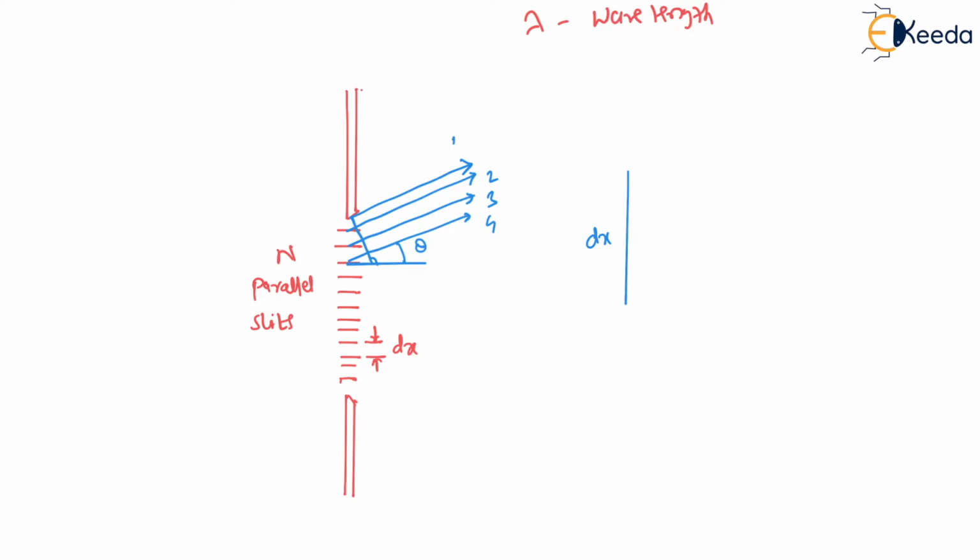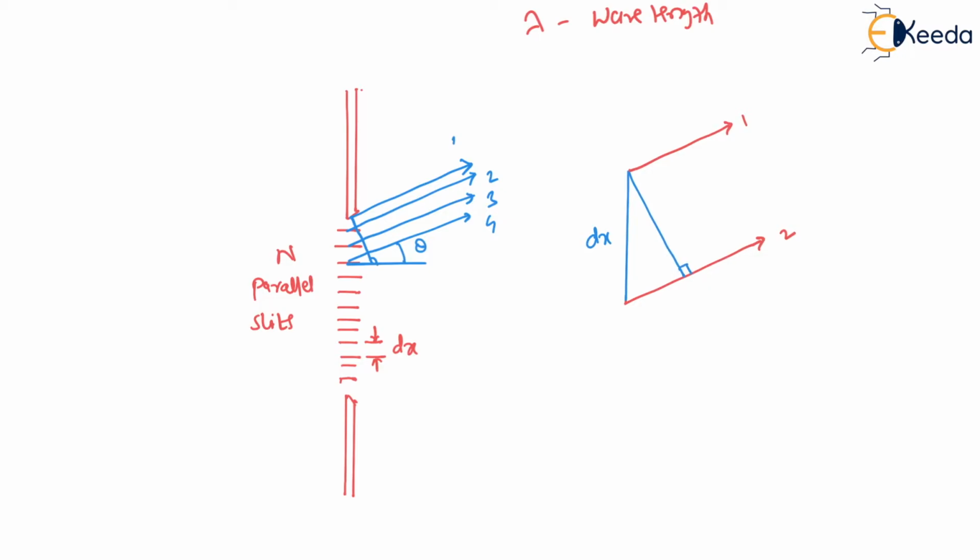This is the first one and this is the second one. And again to find the path difference, here we will draw one perpendicular line like this. So this is a perpendicular.